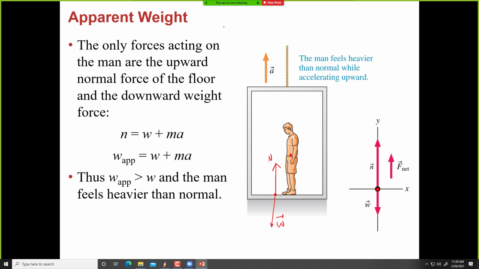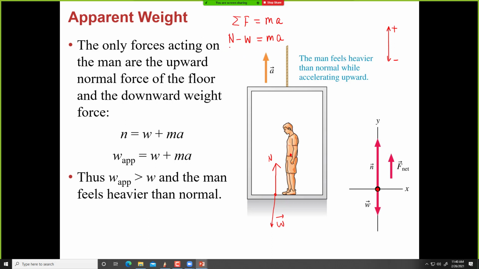Newton's second law is total force equals mass times acceleration. Using this notation, up is positive, down is negative. We have normal force pointing up, so it's positive, and then weight is pointing down, so it's negative, equal to mass times acceleration, which is pointing up, so positive.